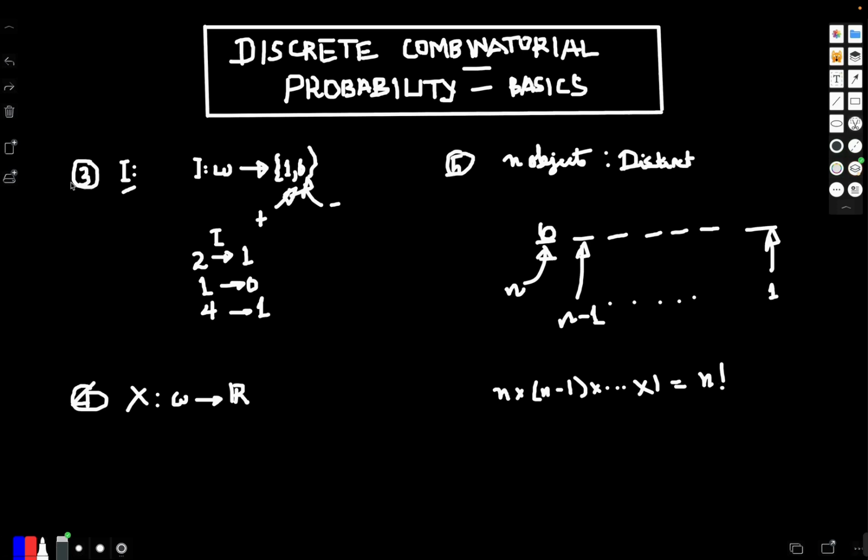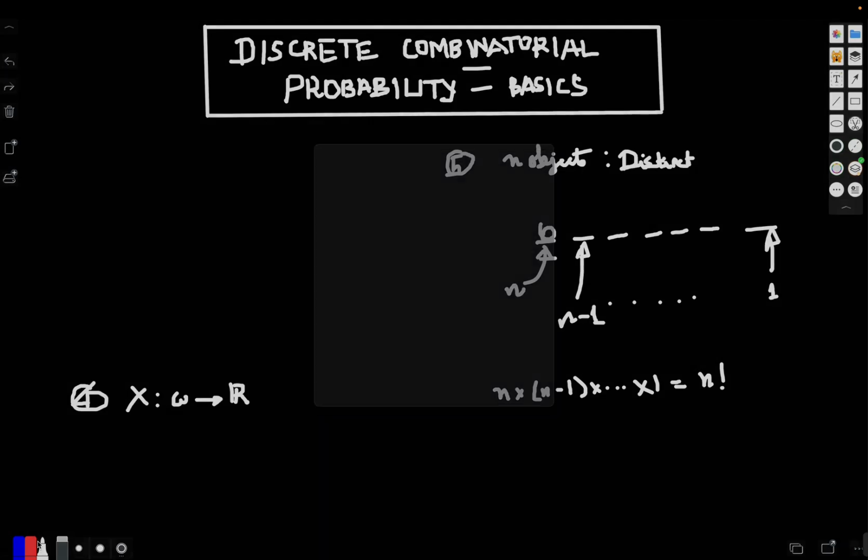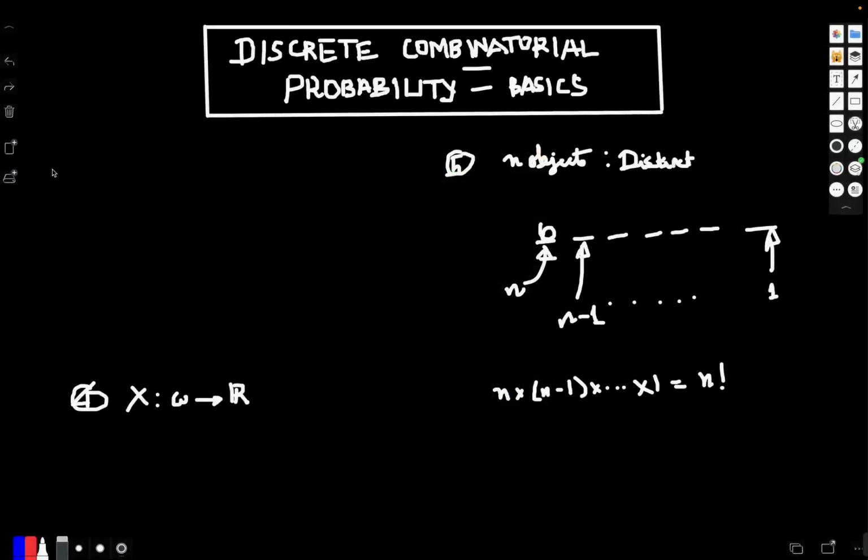Next, maybe I will move on to definitions of combinations and permutations and how to intuitively reach those definitions. So what is a permutation? So you have n objects, and say you have to pick r of them, right?